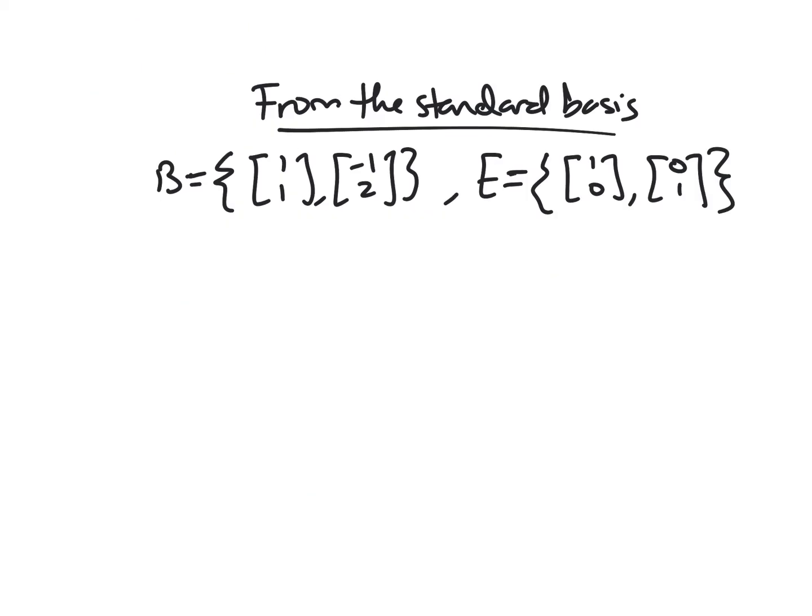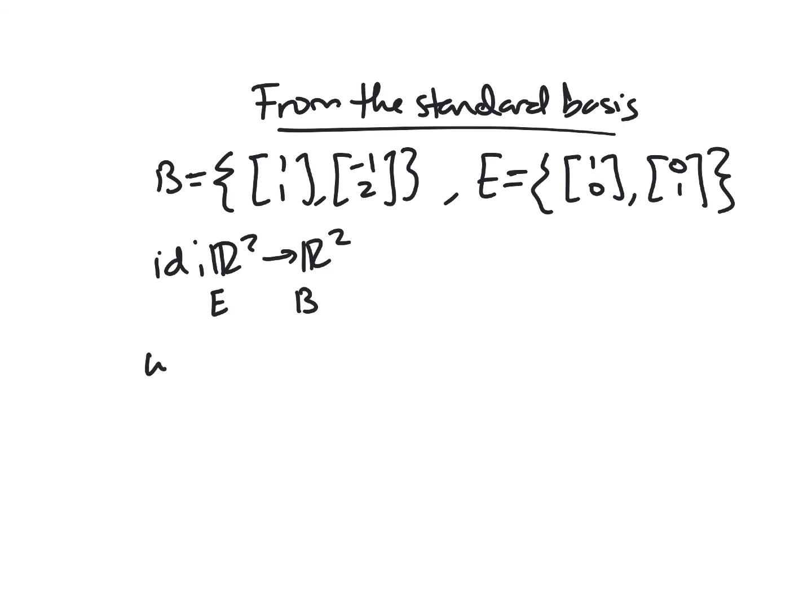All right, so now we want to see how to go back. So it was really easy to go to the standard basis. It is in general not quite as easy to go back because here, right, we'd be doing the opposite thing. So it's still the identity map from R2 to R2, but this time we'd be starting in the standard basis and ending up in this new basis.